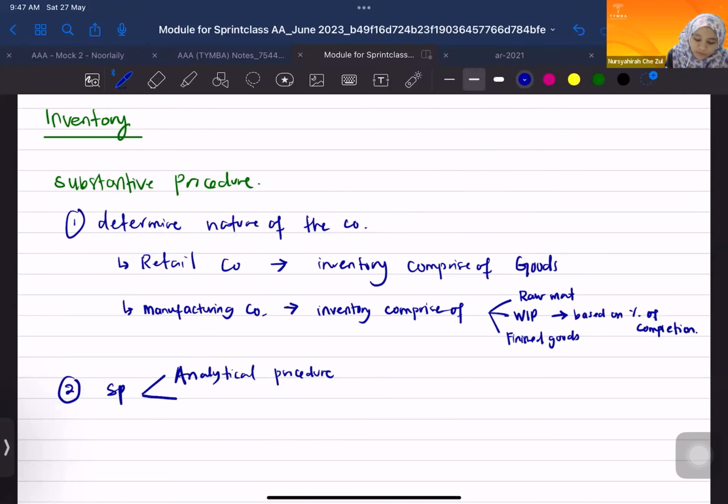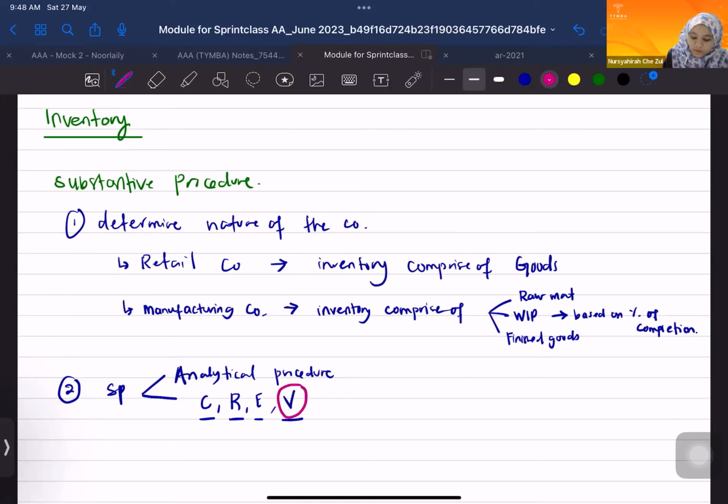All right, so number 2, since inventory is a balance sheet item, a SOFP item, the related assertions would be CREV: completeness, rights, existence, and valuation. Of course, examiners love to test you about valuation.